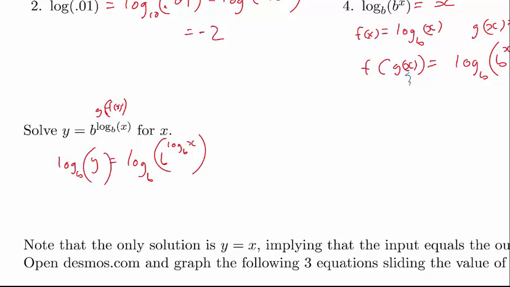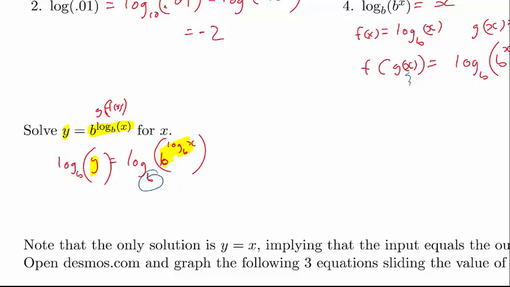And so just make sure you see everything. That y goes here. This whole thing is this whole thing right there. All right. So what exponent do I have to put on this b in order to get b raised to the log base b of x?